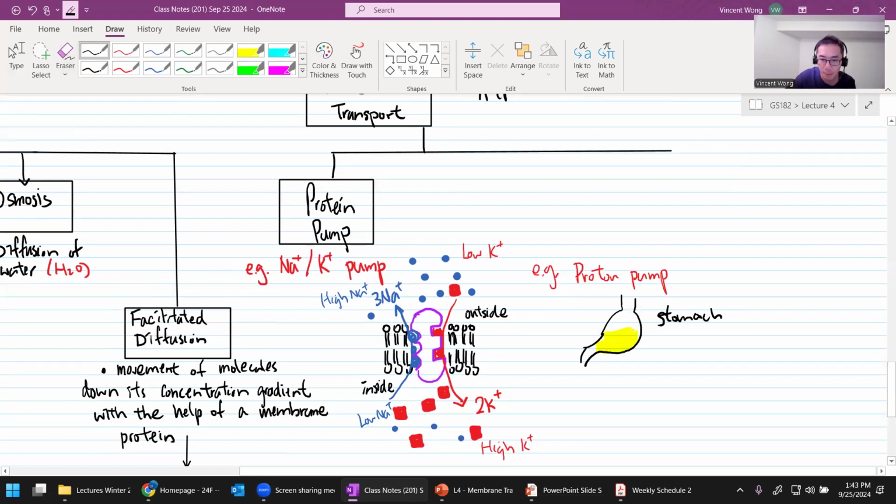And these proton pumps basically keep on pumping H plus into the acid. Okay? So people who have chronic heartburn might take something called PPI, which is a proton pump inhibitor. Okay, so it blocks some of these pumps, so it reduces the acidity of the stomach acid. So these are examples of protein pumps. They are active transport and they need ATP.